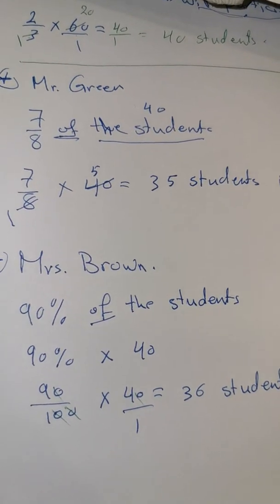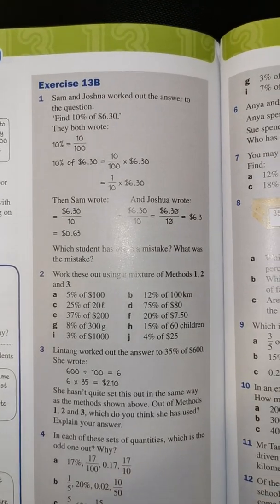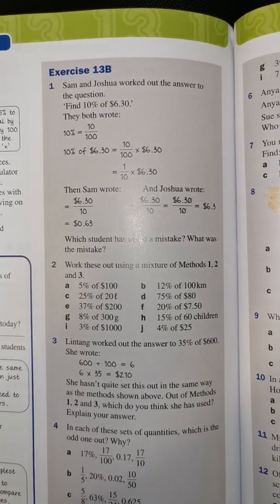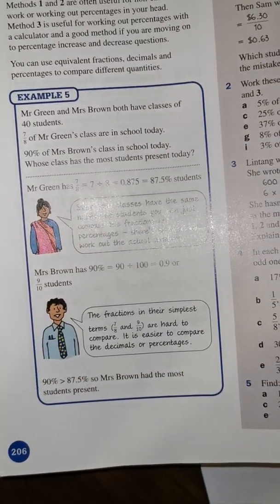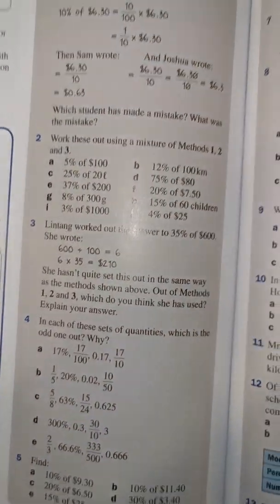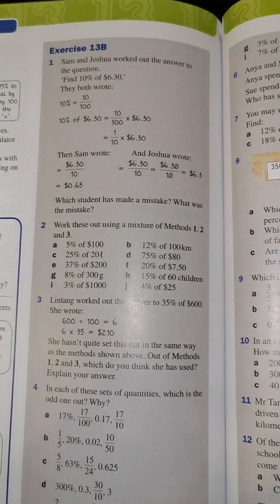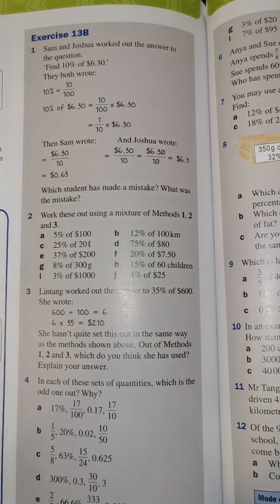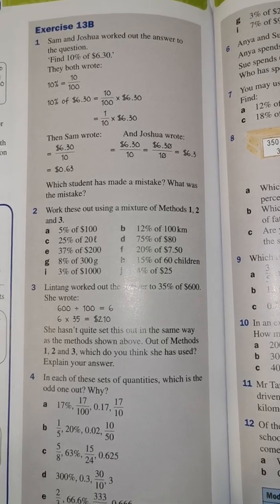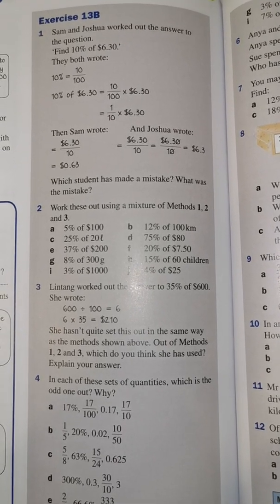Okay, I will pick some exercises for you. Question number 2, this is page 206. Okay, question 2, work this using a mixture of method 1, 2 and 3. الطريقة اللي بتريحكم طالما أنتم you will get the true answer.